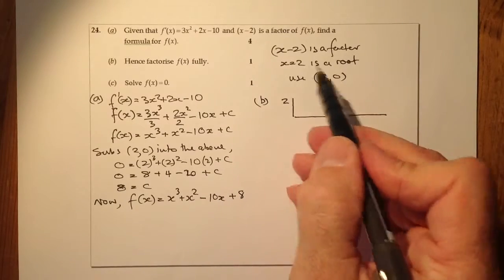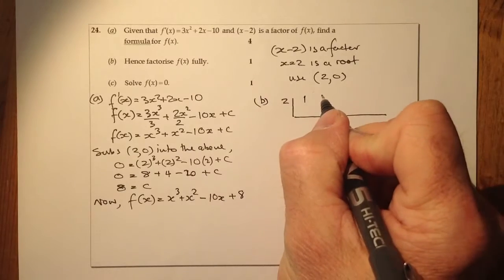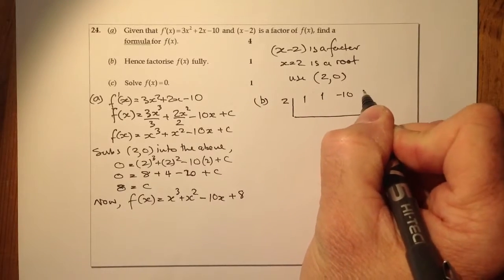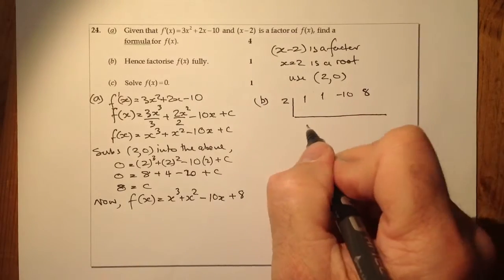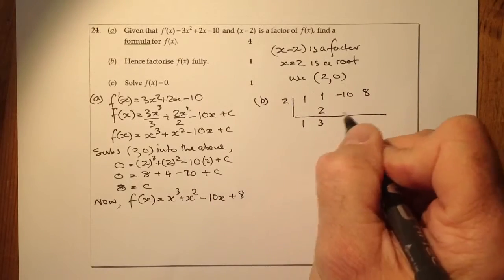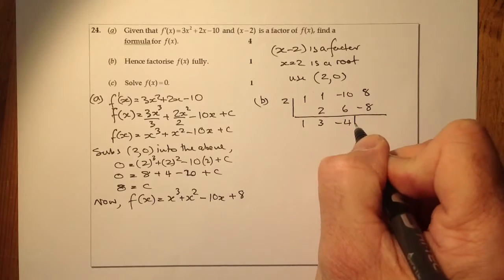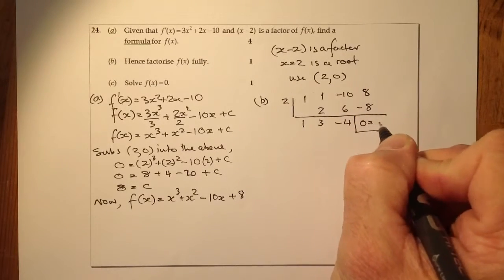Go for a 2 outside because 2 is the root. And what we've got here is 1, 1, minus 10 and 8. Bring that down, so 1, multiply it up, gather it, multiply these two to get to there, gather them, multiply them up, and from there I've got 0 as my remainder.